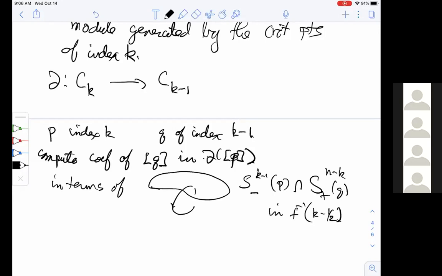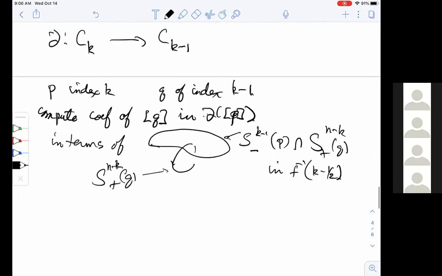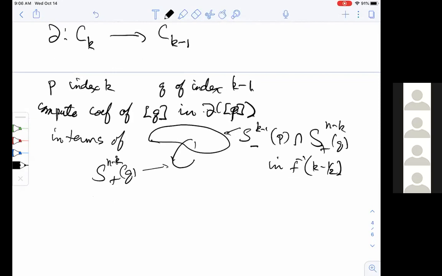So I might have a picture like that. This is the descending manifold for P. Here's the ascending manifold for Q. They're complementary dimensions in this (n-1)-manifold, this level set. And so we have points of intersection. I'm assuming that I've chosen χ so they're transverse.